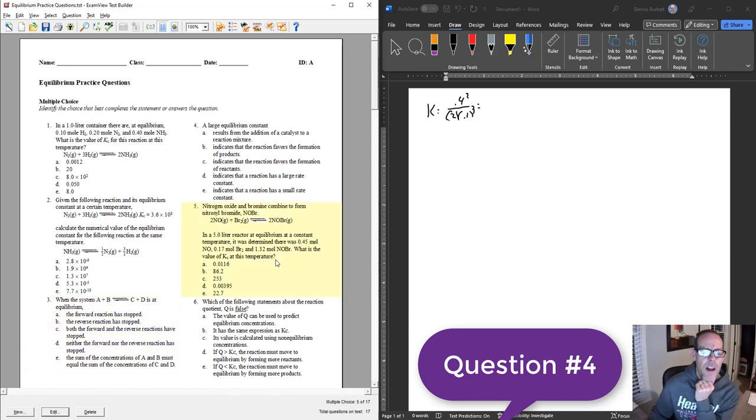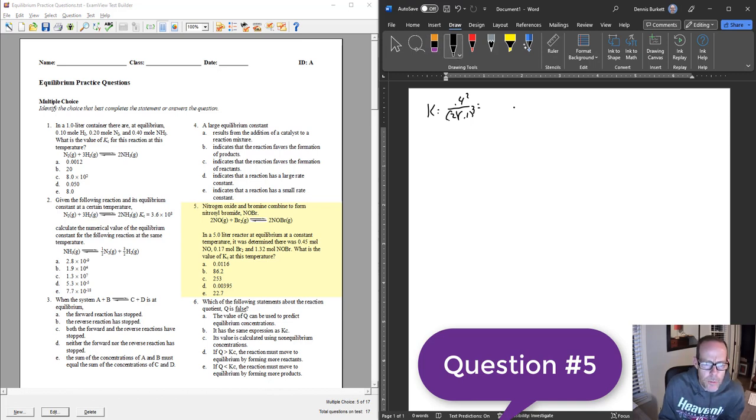Number five. Nitrogen oxide and bromine combine to form nitrosyl bromide. So I think we've got some math to do on this one. So grab my pen. Let's see. So we've got NOBr, so 1.32 over 5 squared.